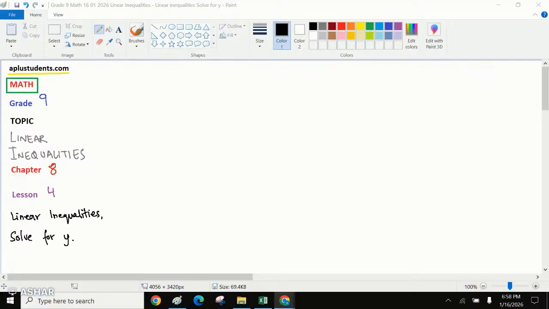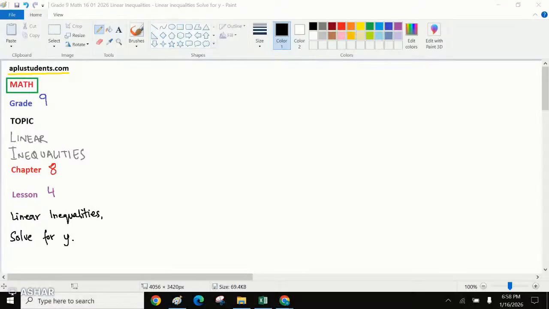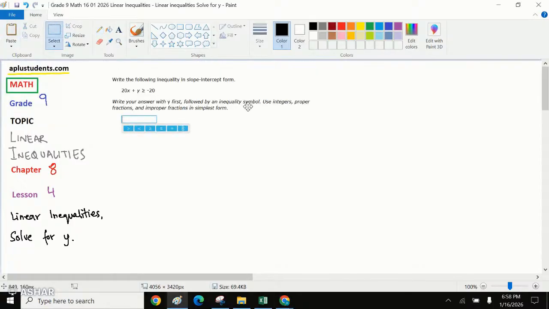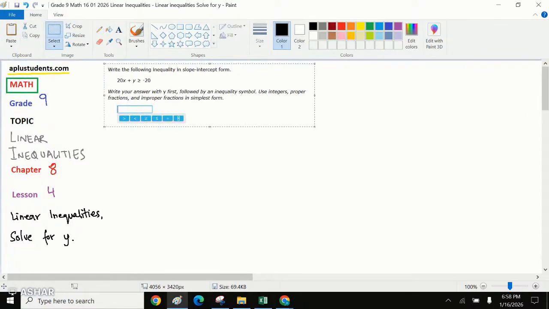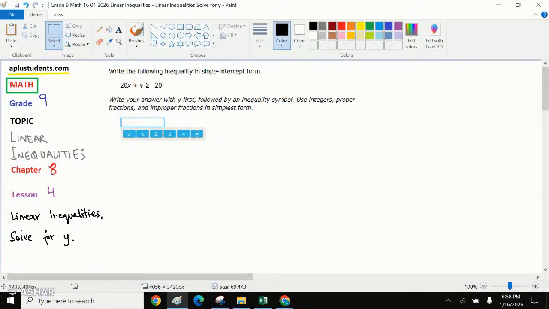Okay, so I'll write down the question and then we'll see what needs to be done over here. The first question that we have says, okay, I'll just resize this and arrange this.